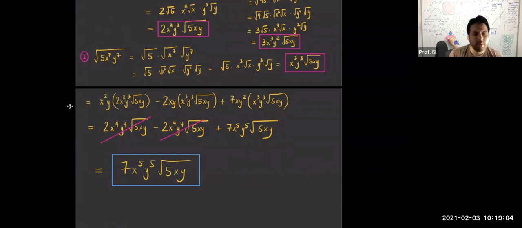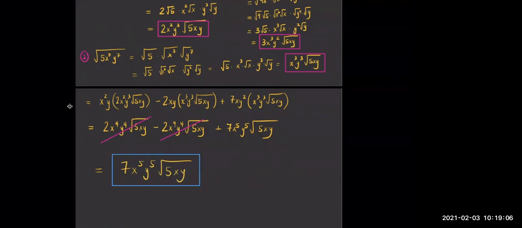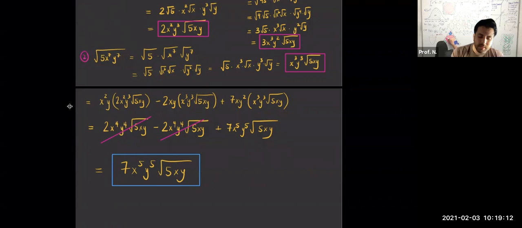Isn't the last expression 3? Yes. Shouldn't it be 7x to the 4th, y to the 5th for the last expression? You're right. Yes, that's right. That's right. I miscalculated. This is y to the 4th. Pardon me for that. And Tiffany said, isn't the last expression 3x to the 3rd y squared?